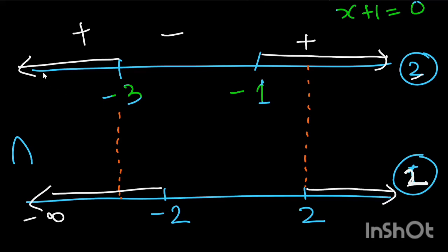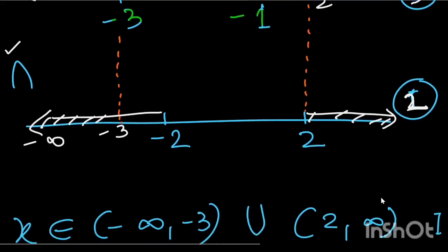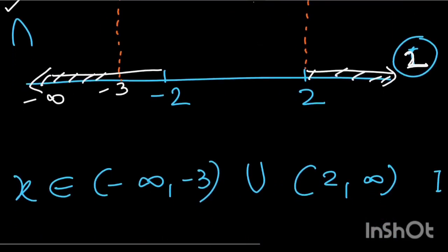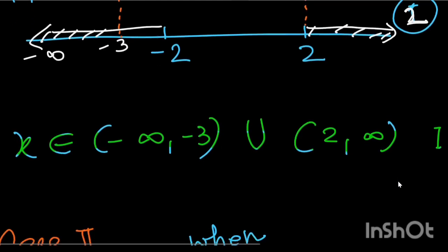So if you take the common points of intersection, it has to be minus infinity to minus 3, and here also it has to be 2 to infinity. So first, third intersection second, which is the answer of case 1, is minus infinity to minus 3 union 2 to infinity, guys. This is case 1.